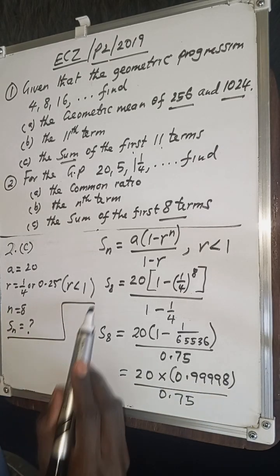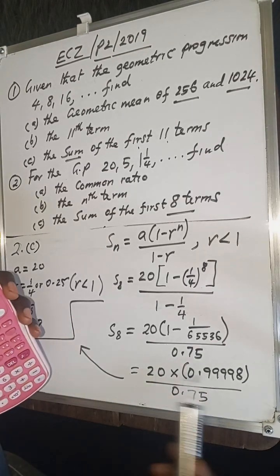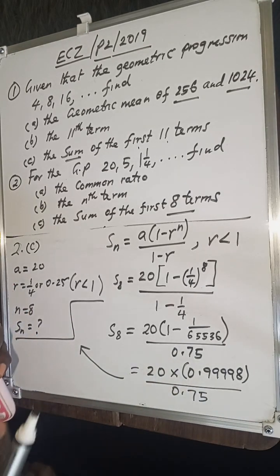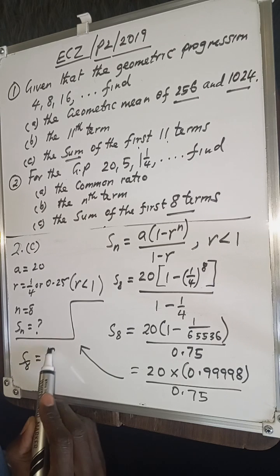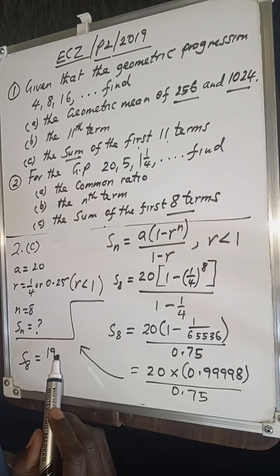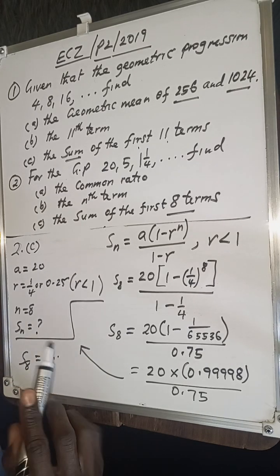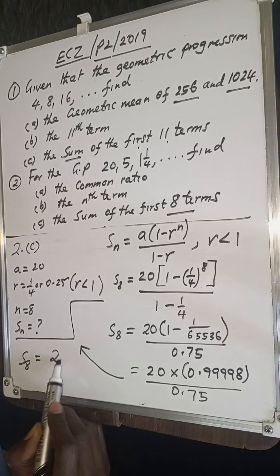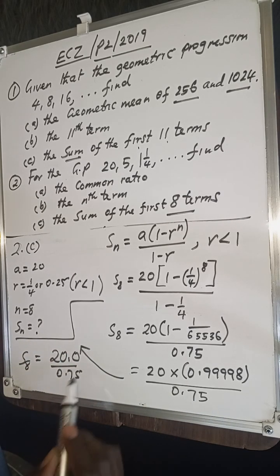Okay, allow me to bring it into this direction there. So it will be this number that I got multiplied by 20. I'm simply getting S8 is equal to 19.99, which is the same as 20, let me just say 20.0, over 0.75.